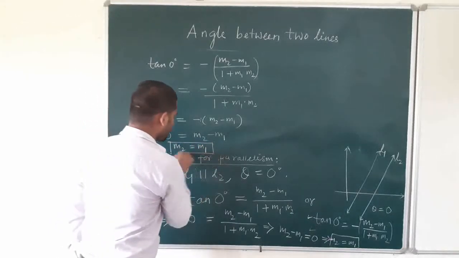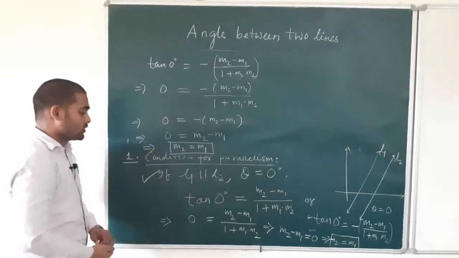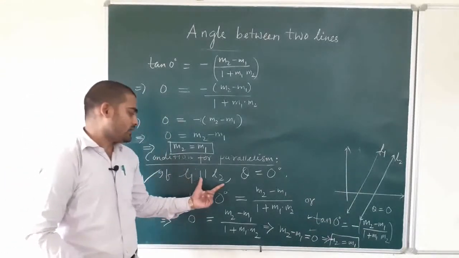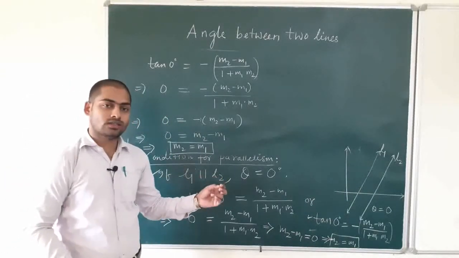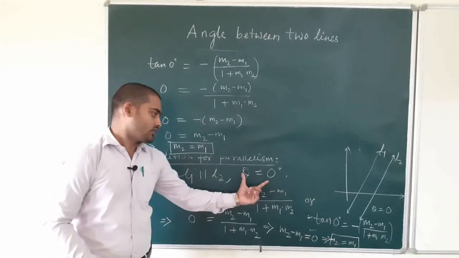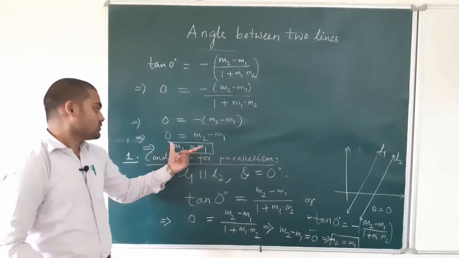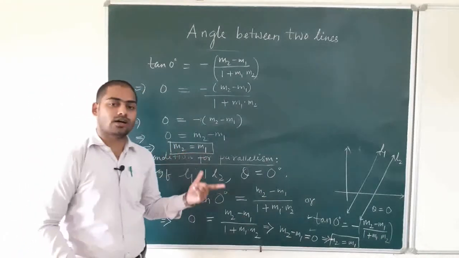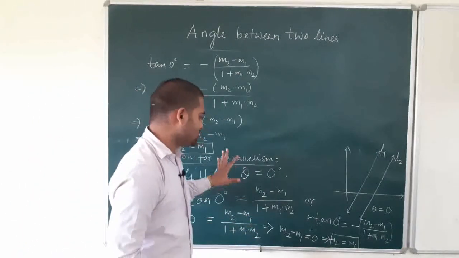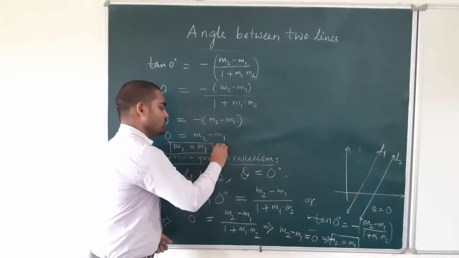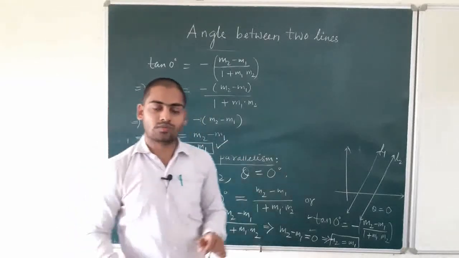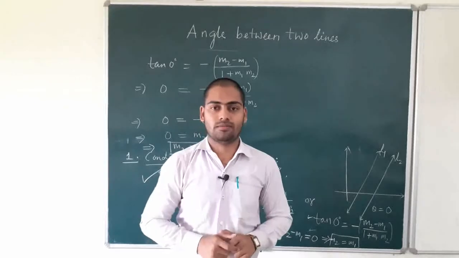So when two lines L1 and L2 are parallel, then theta value is 0 and their slopes are equal. This is the condition for parallelism of two lines.